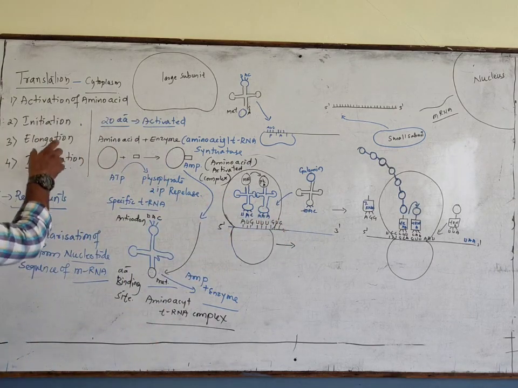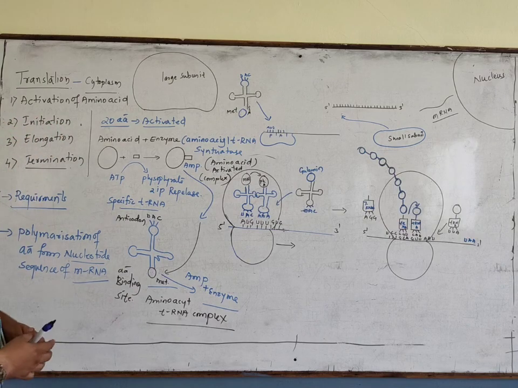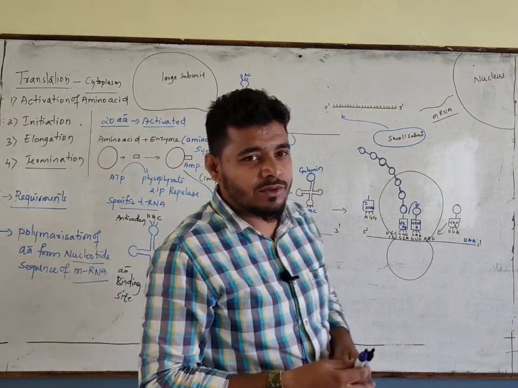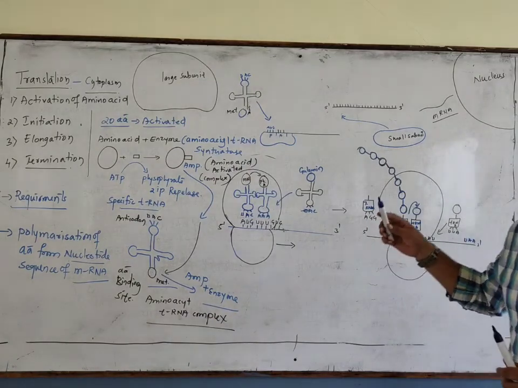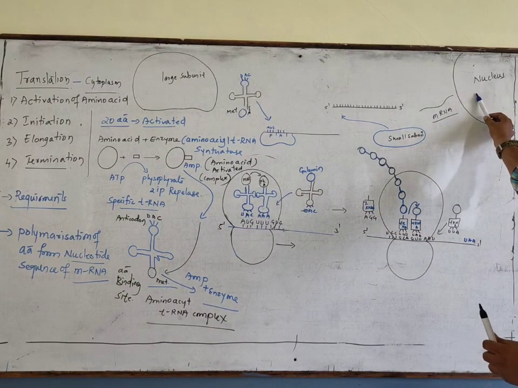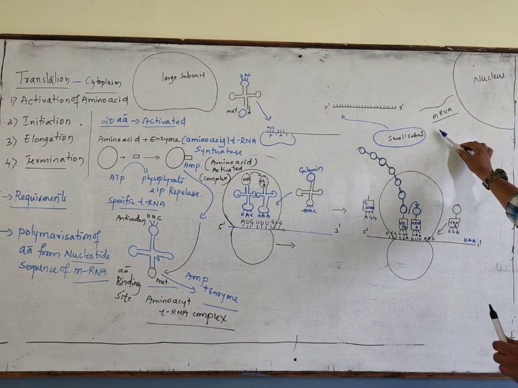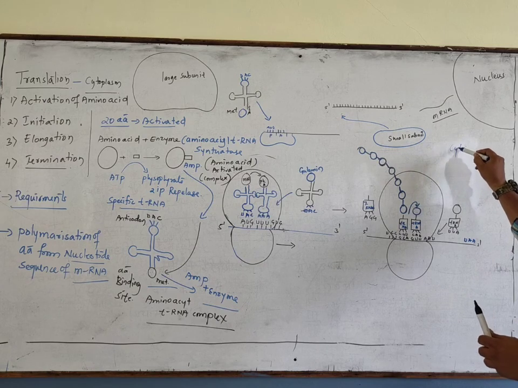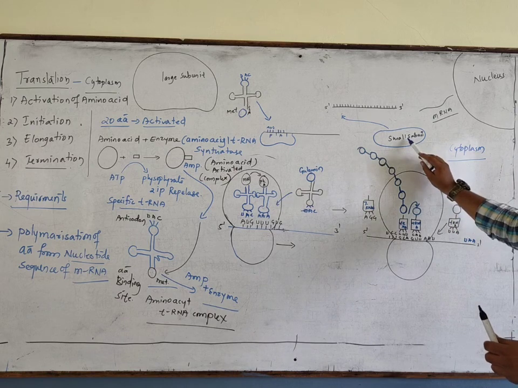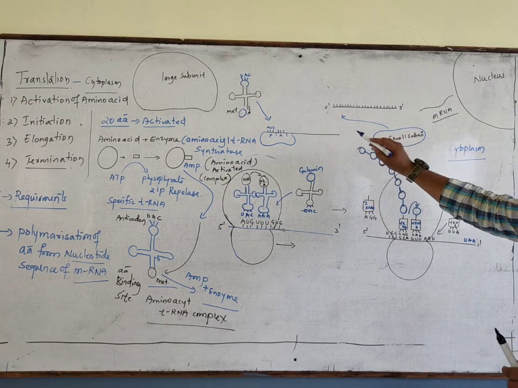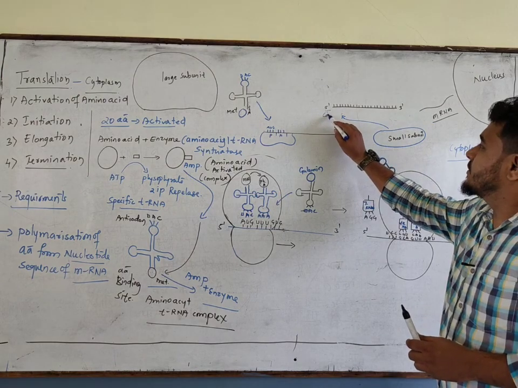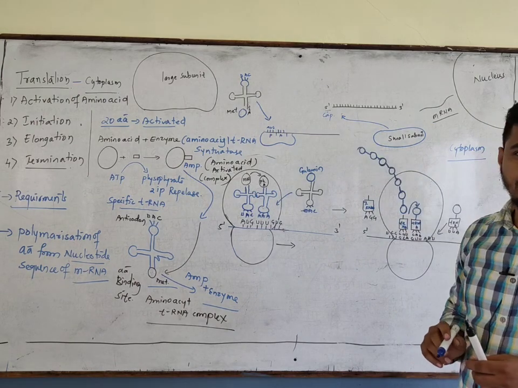Then the second step is the initiation. So what happens in an initiation process? Soon when mRNA releases from nucleoplasm and enters into the cytoplasm, the small subunit attaches to the mRNA at the 5' cap end.